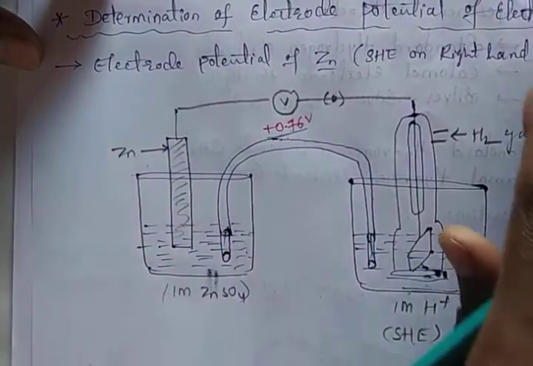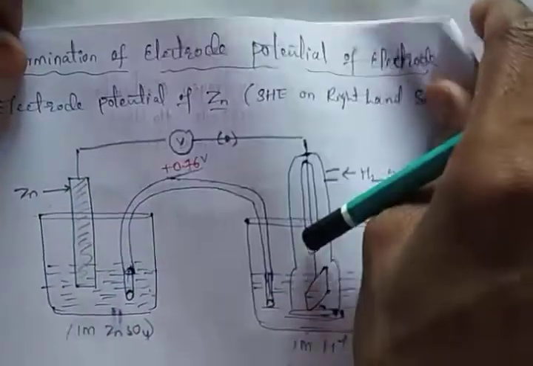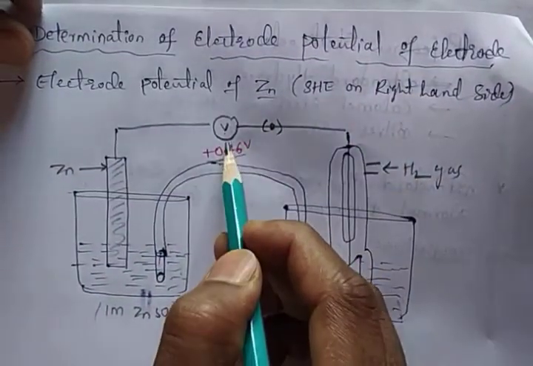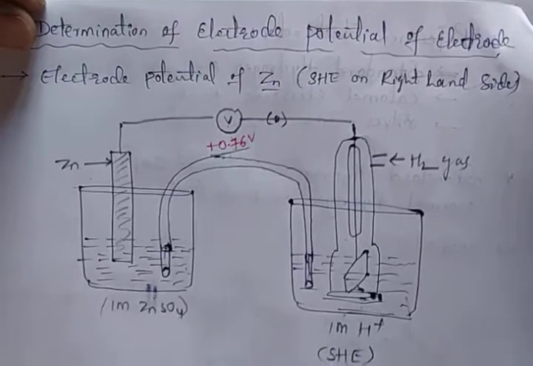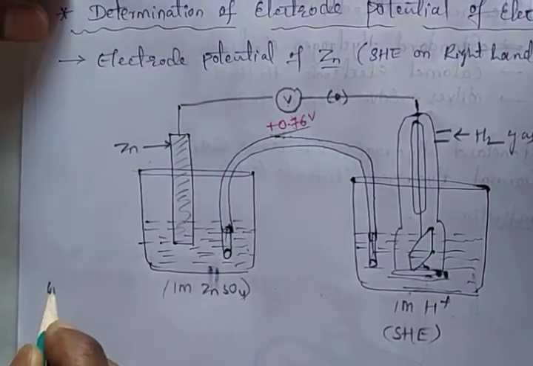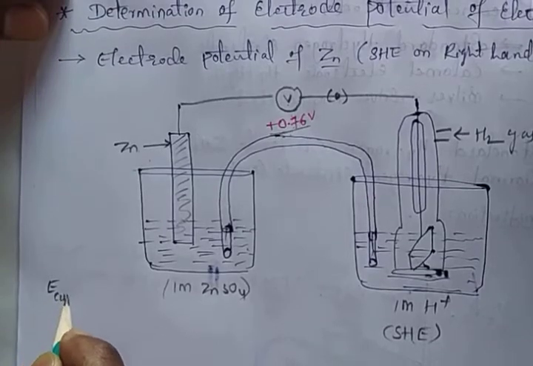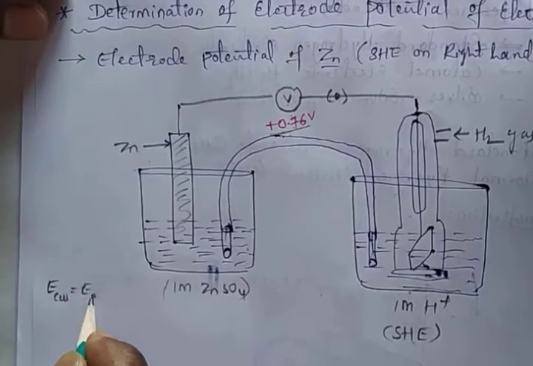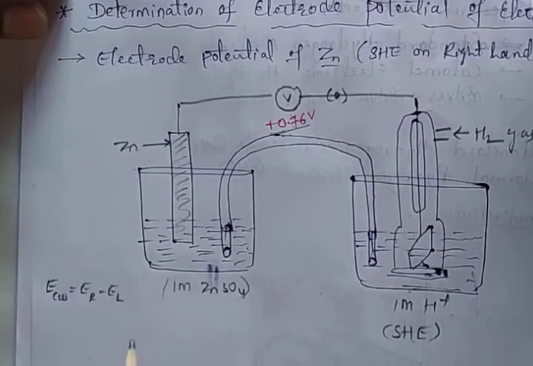Now, how are we going to measure? By connecting these two, we get the cell potential. So the cell potential, E cell, is equal to E right minus E left.